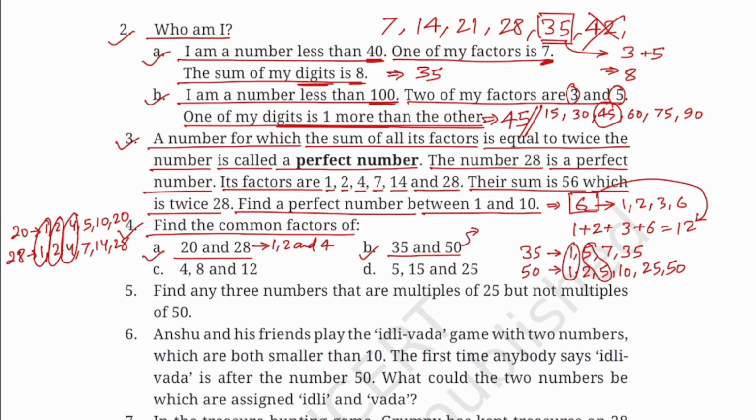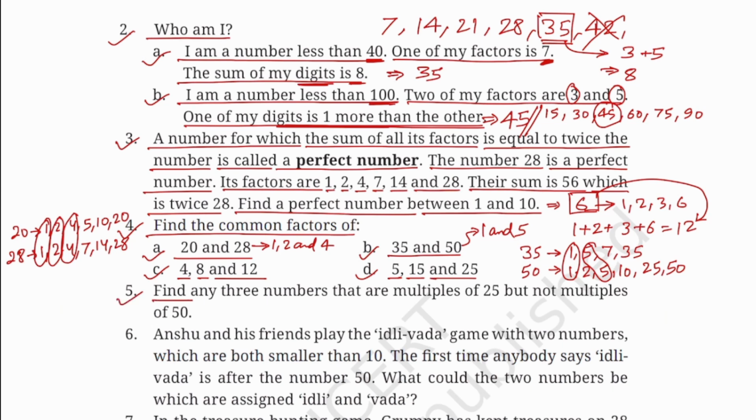The answer is 1 and 5. Similarly, you can find C, 4, 8, and 12, D, 5, 15, and 25.